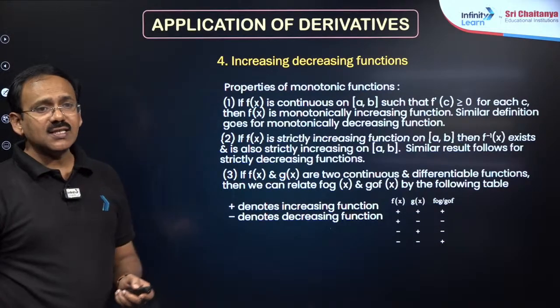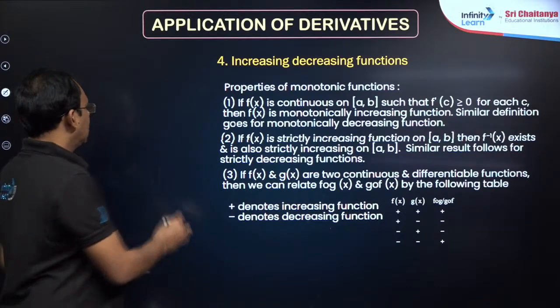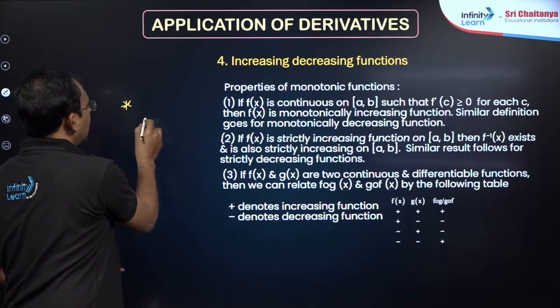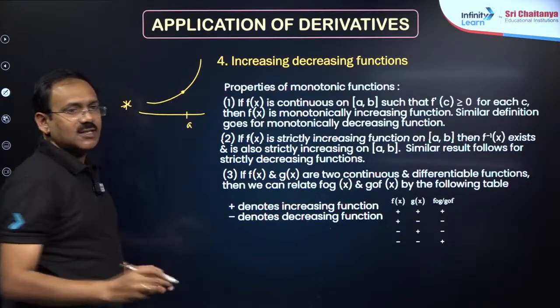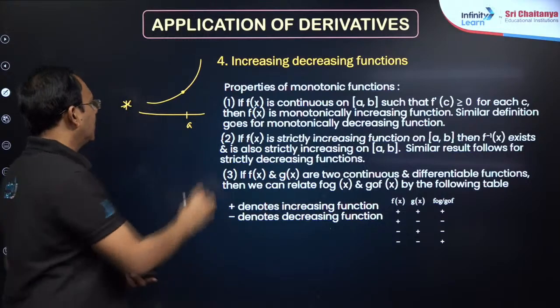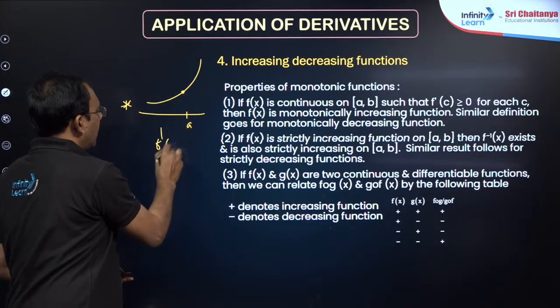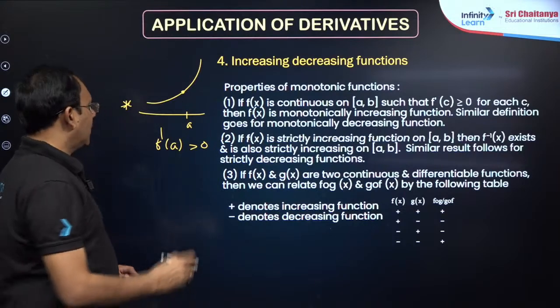Yeah, coming to the increasing and decreasing nature, my dear friends. Simple: the definition at a point, increasing, strictly increasing, monotonically increasing, all are the same. The simple methodology is that f dash of a must be positive. That's it, okay.